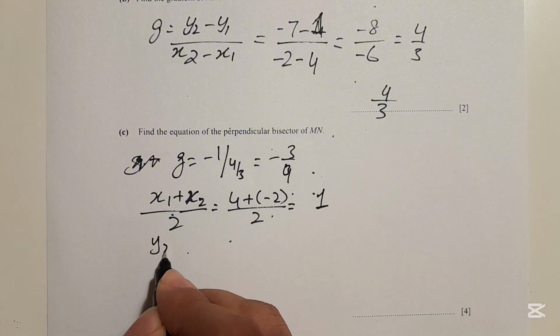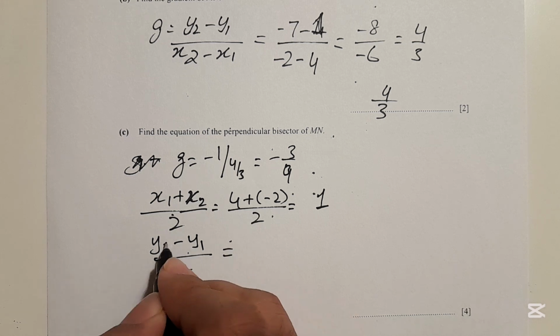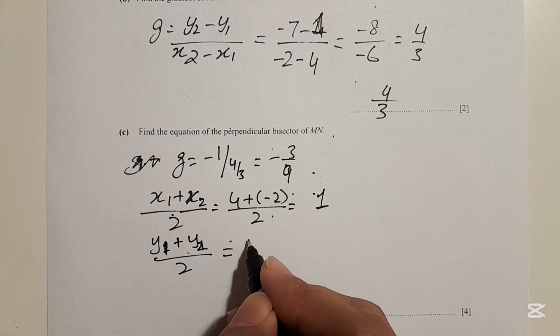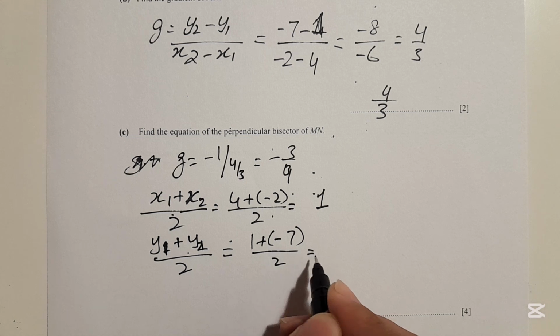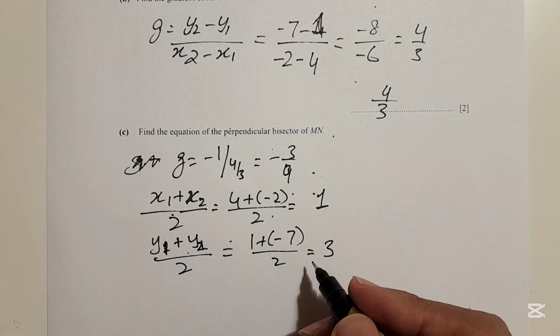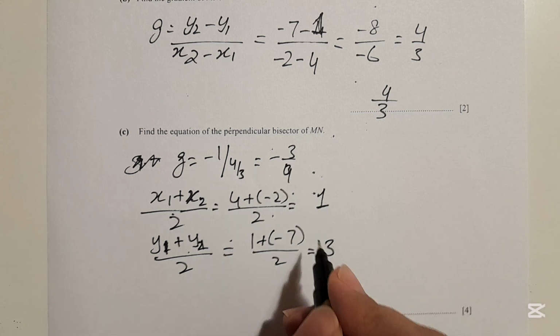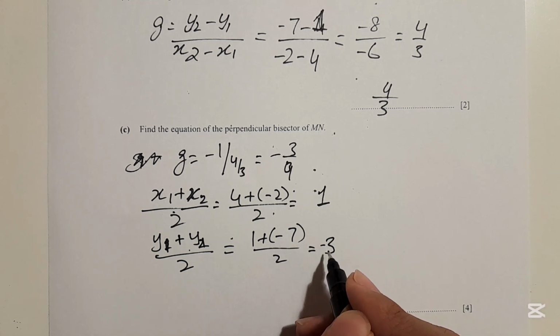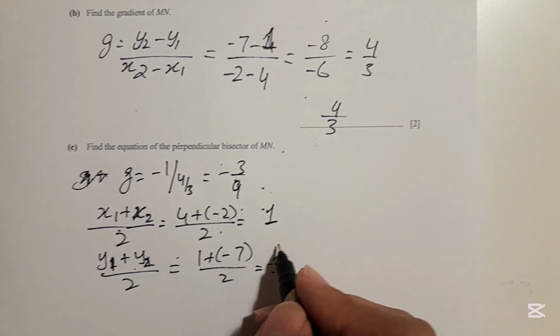Then for y, it is y1 plus y2 divided by 2. So it's 1 plus minus 7 divided by 2. Here we will do 1 minus 7, because 1 minus 7 is minus 6. So minus 3 will be the midpoint. So 1 and minus 3 is the midpoint.